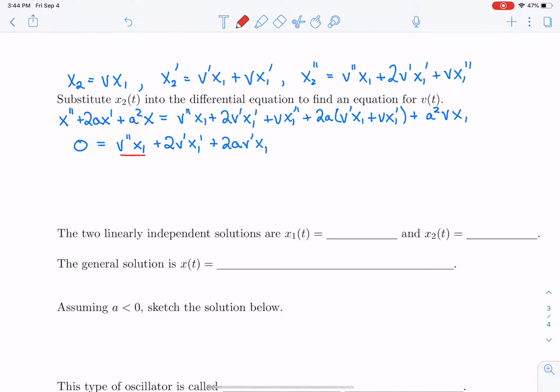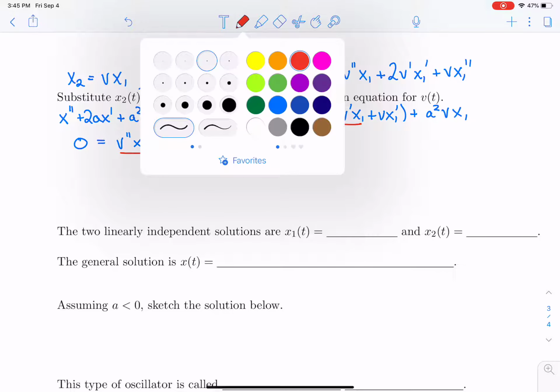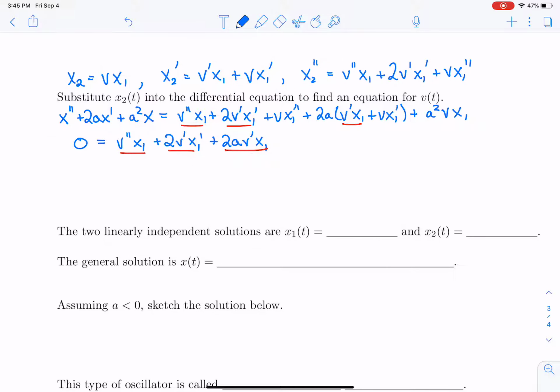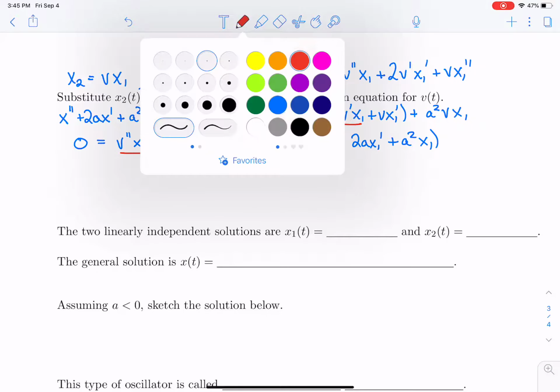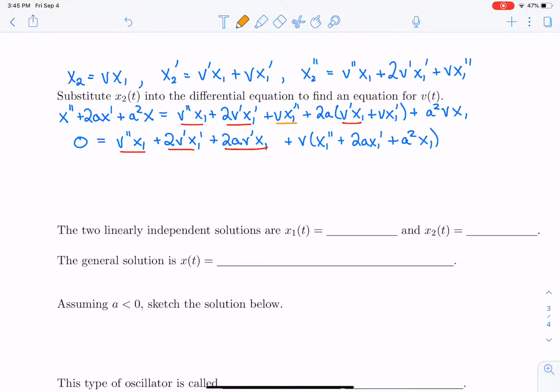I'm going to get this one and this one from this one and that one. Then I have a v times x1 double prime plus a v times 2a x1 prime plus a v times a squared x1. So in this case, let me use a different color here. I've got this term and this term end up here.